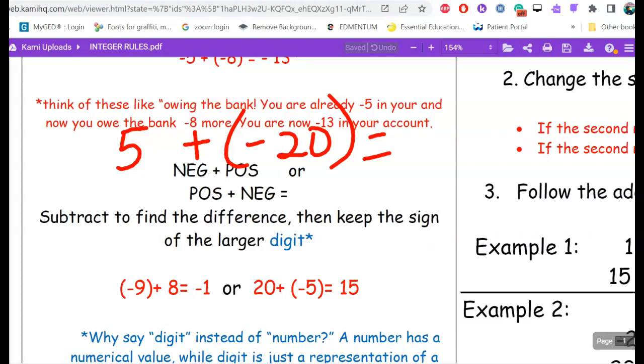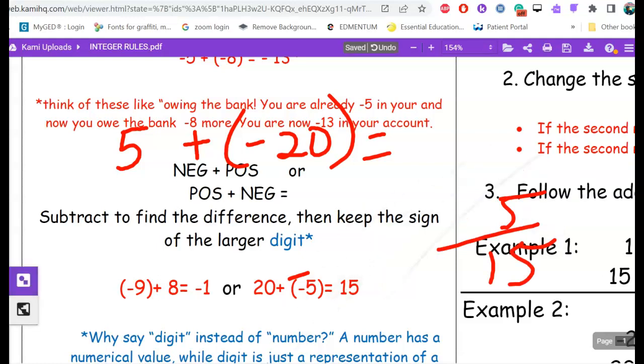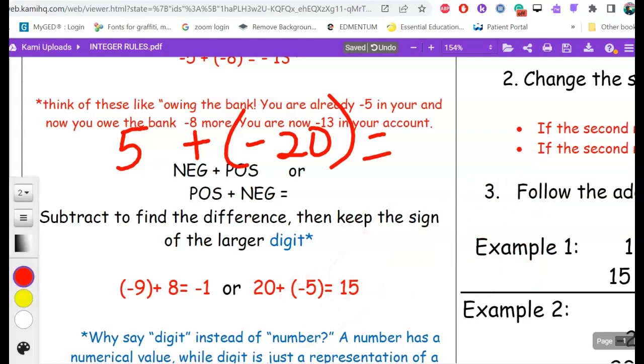If these were numbers in which you had to do subtraction by hand because you weren't sure, don't do this in your head. It is okay to put the 20 on top so that you still see that it's 15. To find the difference, make your subtraction make sense. So again, the difference is 15.